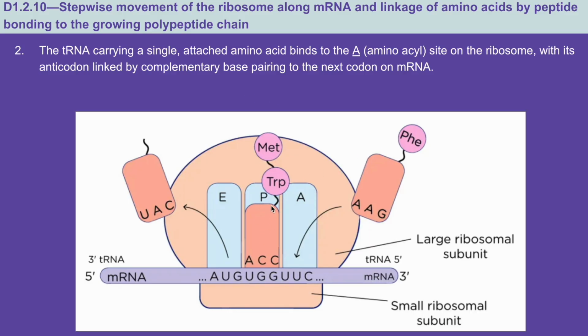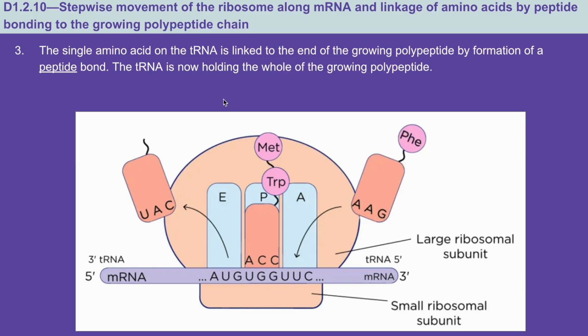The tRNA that's in the P site in the middle will transfer its growing polypeptide to the amino acid, which is in the A site. Picture this is now sitting in this site. It will form a peptide bond between this amino acid on the end and this next one in the sequence. The tRNA here in the A site is now holding the whole of the growing polypeptide.